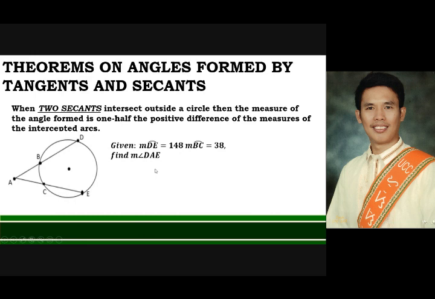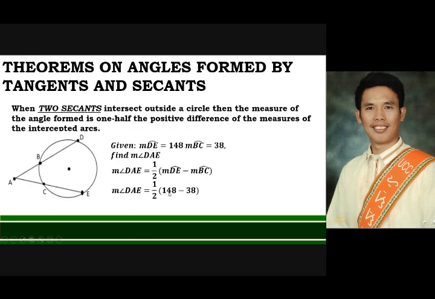So, ibig sabihin, the equation will be like this: 1/2 of the difference nung dalawang intercepted arc, the arc DE and the arc BC.